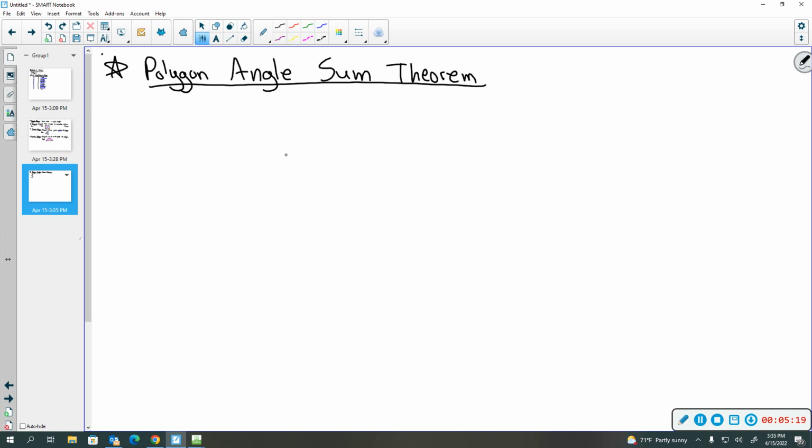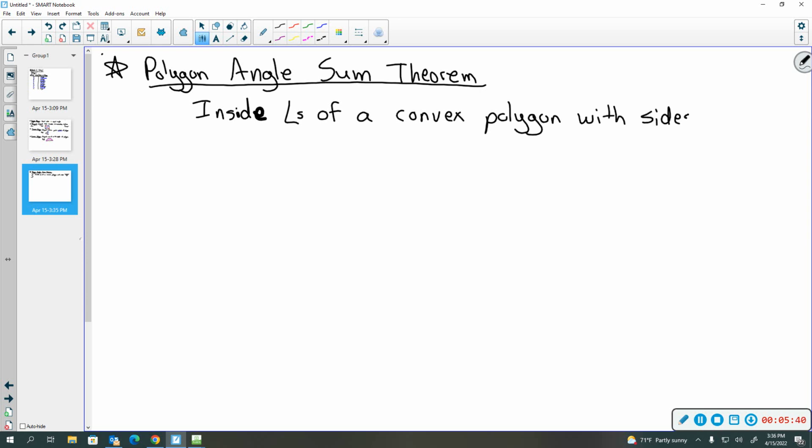And it says the inside angles of a polygon with, let's say, n sides, sum to (n - 2) times 180.